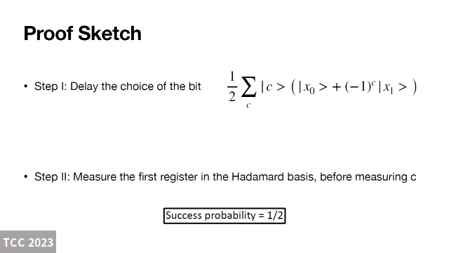At this point, it's obvious that the success probability of the experiment will be exactly 1/2, because we're guaranteed that the register, after we measure it in the Hadamard basis, is exactly at 45 degrees with the computational basis. So the probability that we'll get 0 or 1 is exactly 1/2.